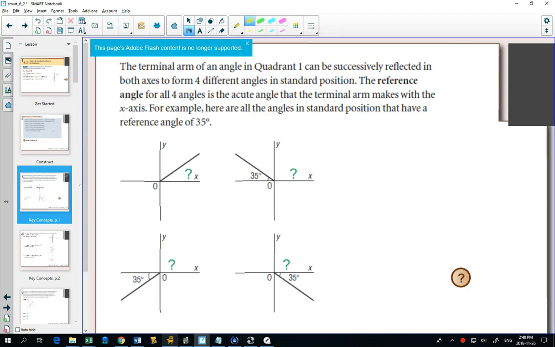Take out your highlighter. The next definition that we're going to learn is a reference angle. So we'll write it off to the side. Reference angle.